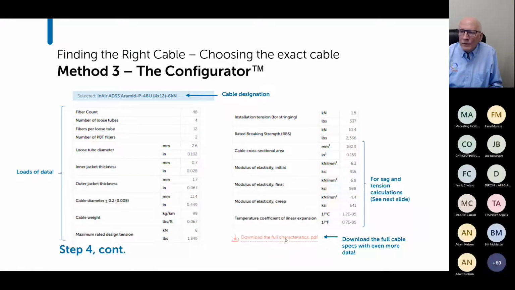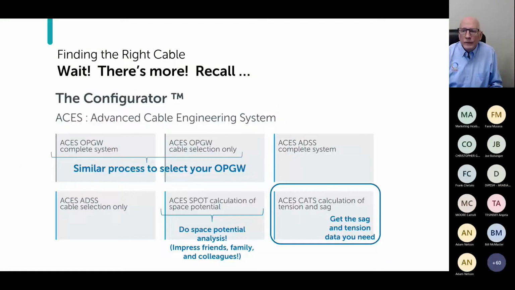And if I download the full specifications, I get even more data. I mentioned already, if you go back and look at that again, you can do the same thing for OPGW. You can also do space potential calculations, which is important for determining if you need a track resistant jacket. And you can actually do sag and tension calculations to get the data that you need for that.